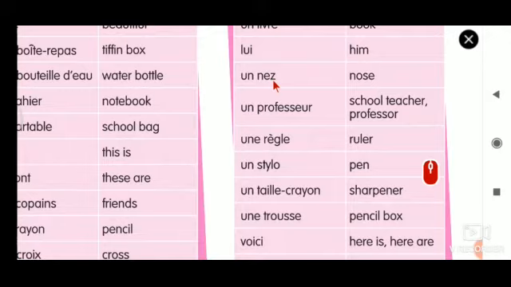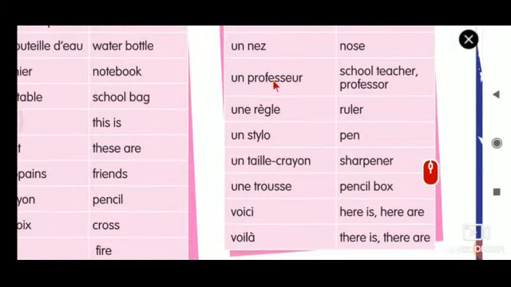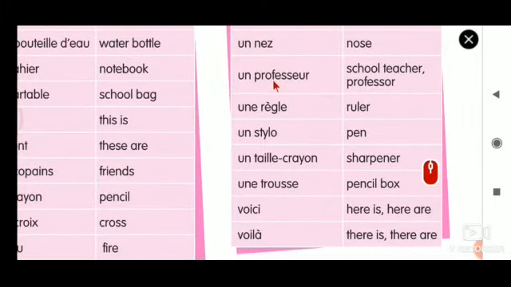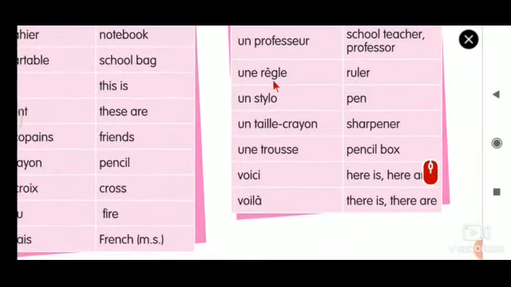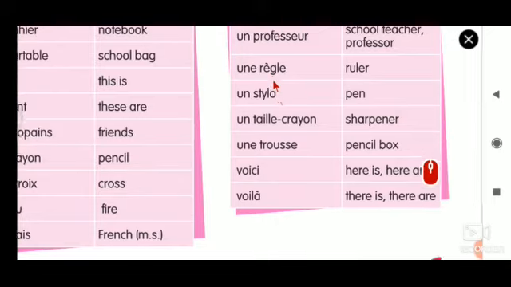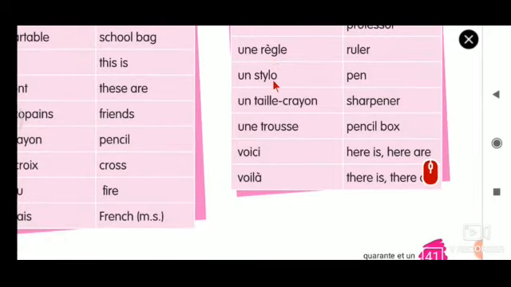Un nez, nose. Un professeur, school teacher. Une règle, ruler. Un stylo, pen.